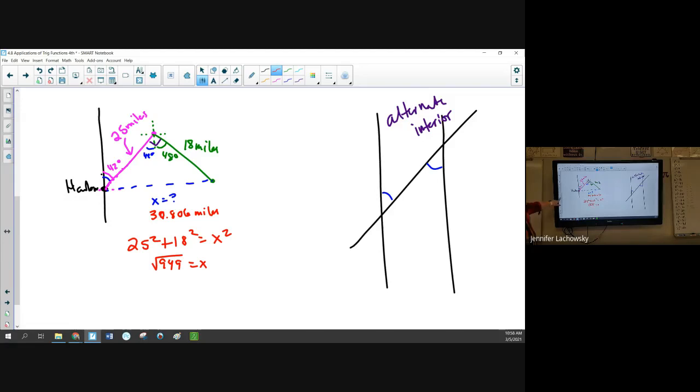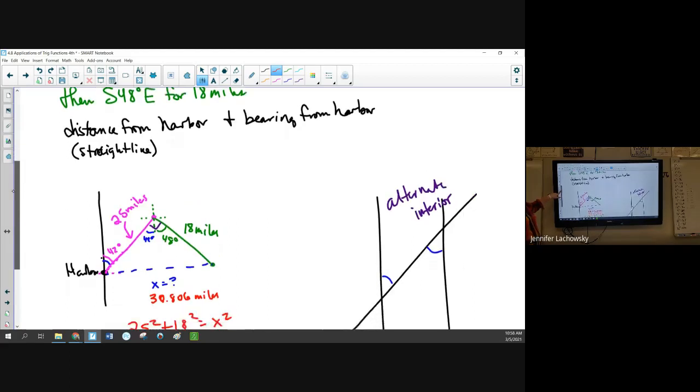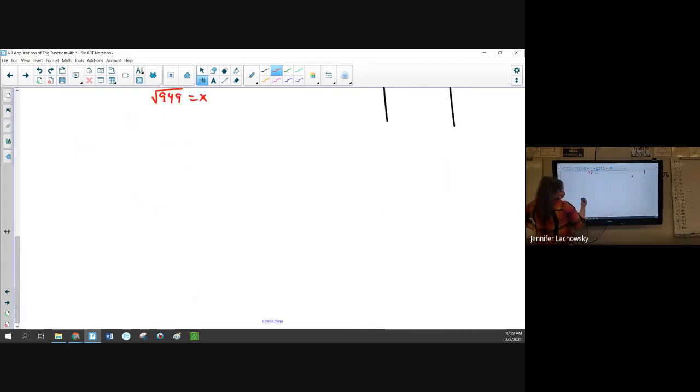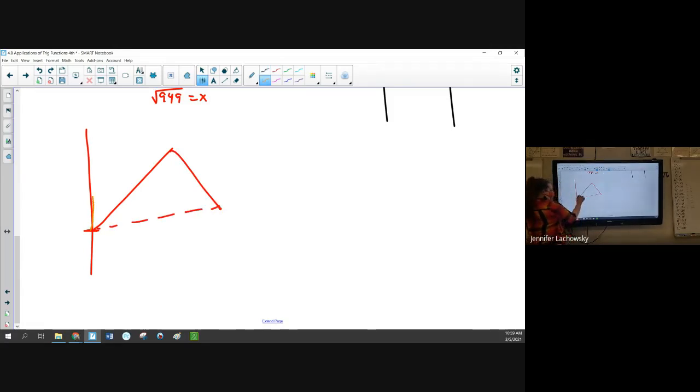But here's my other question. It says, what is the bearing from the harbor to where the boat is right now? Let's explore that for a second. If this is my harbor, and this is here and this is here, if this is above, then it's going to be north something degrees east. Agreed?